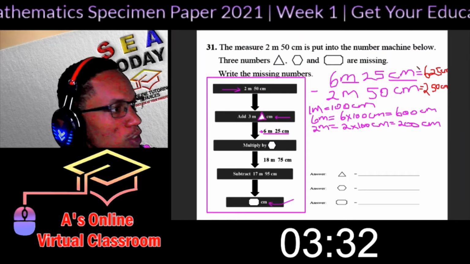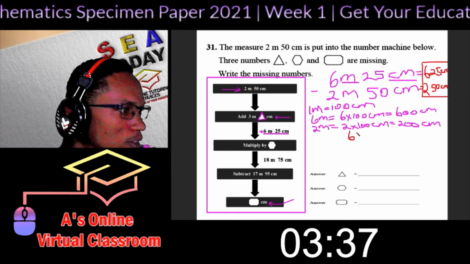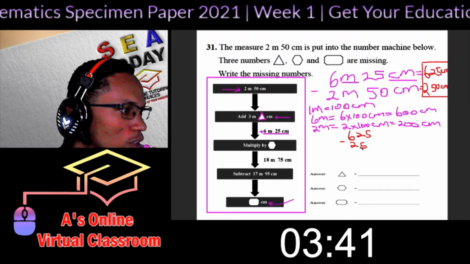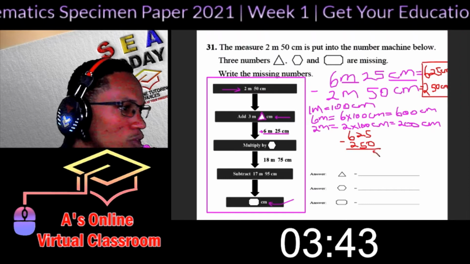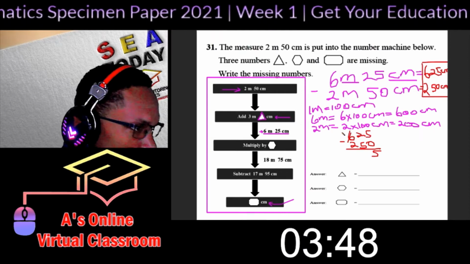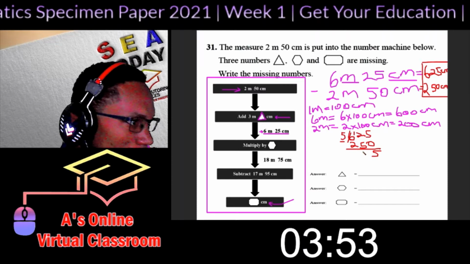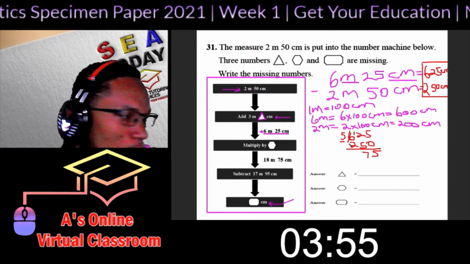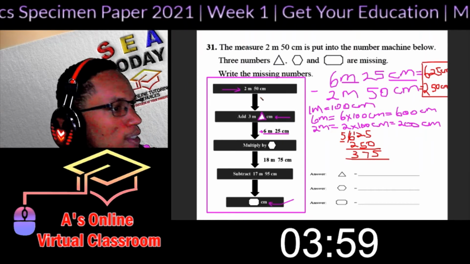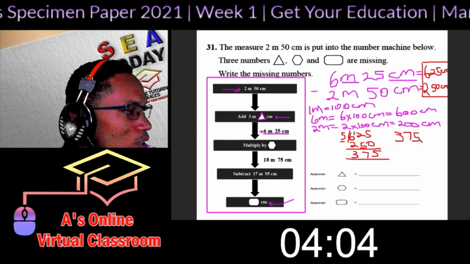Alright, so now we could subtract these two. We have 625, take away 250, we get 5. We have to borrow 1 from the 6, so we'll get 5 here. 12 take away 5 is 7. 5 take away 2 is 3. So the difference between the two is 375 centimeters.